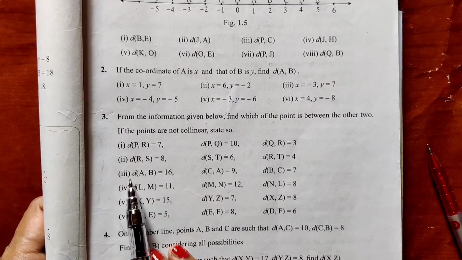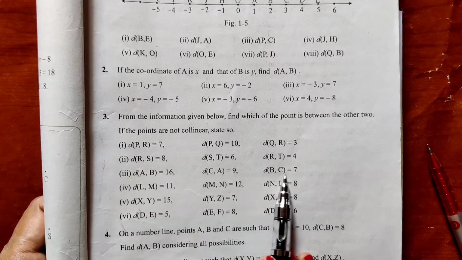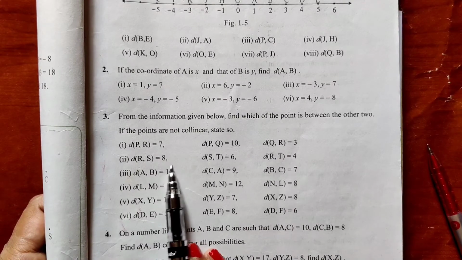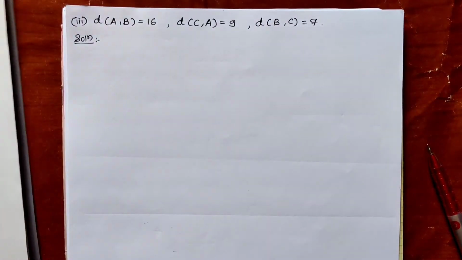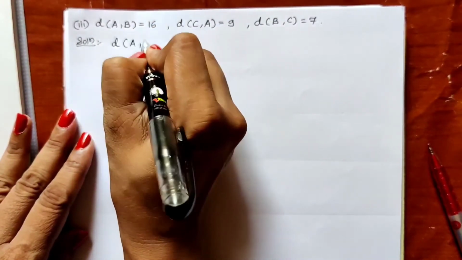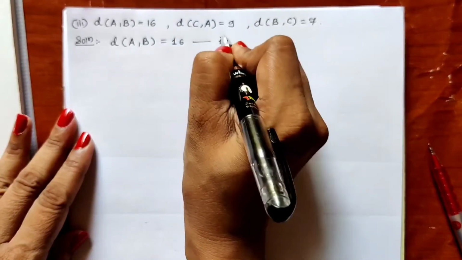Okay children, now let us see this third sum. Distance AB is equal to 16, distance CA is 9 and distance BC is 7. AB is 16, which is the greatest distance. So we first write distance AB is equal to 16 as equation number 1.